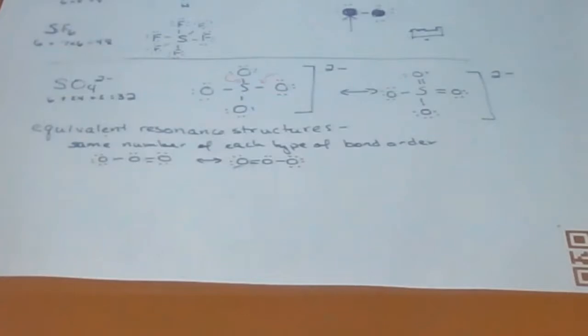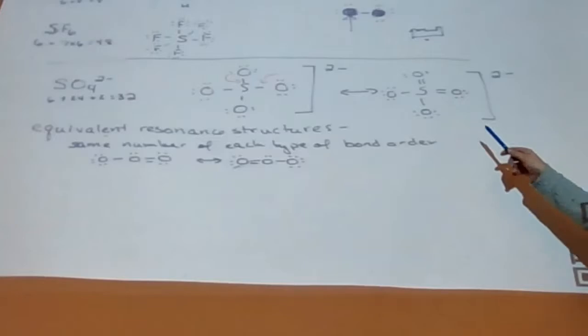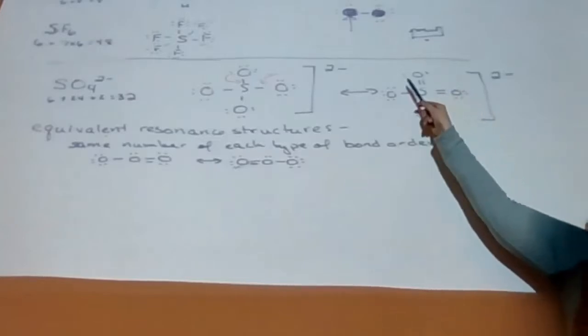So I'm going to ask myself, is this a valid structure? A valid structure means I'm following the rules for a good dot structure, that I have the octet rule satisfied for everything unless I have one of those two exceptions we talked about, expanded octet or electron deficiency. So each of my oxygens has 8 electrons, right?